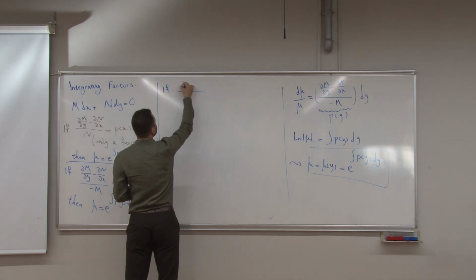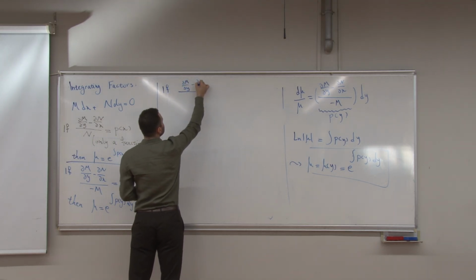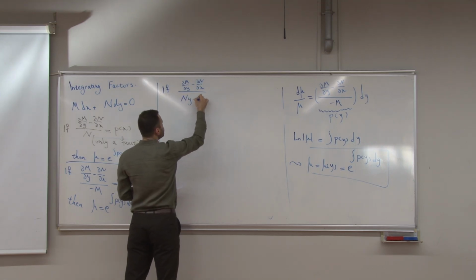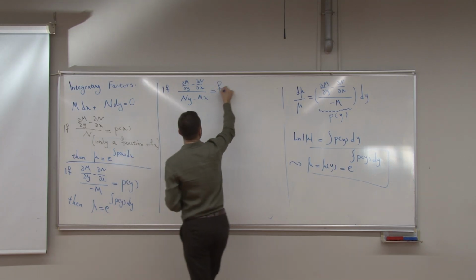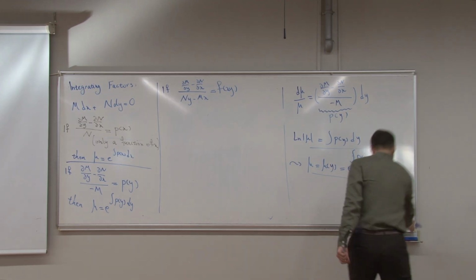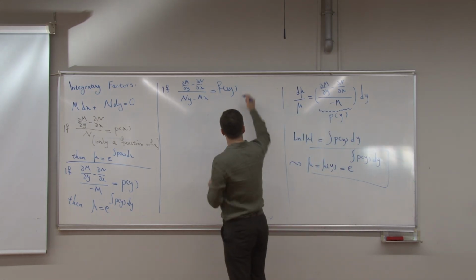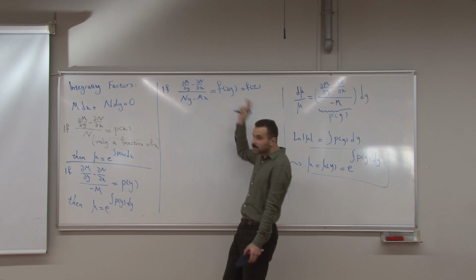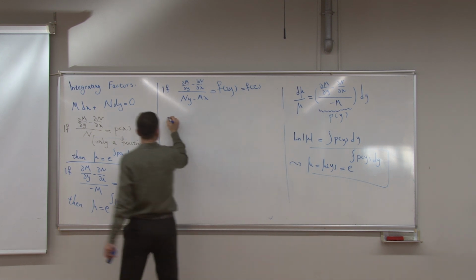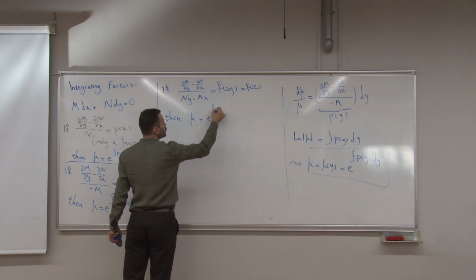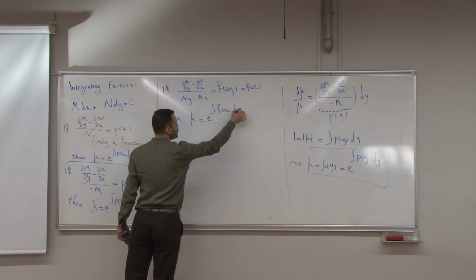If this expression is going to be a function of x times y, then our mu is going to be e to the power of the integral of f of z.